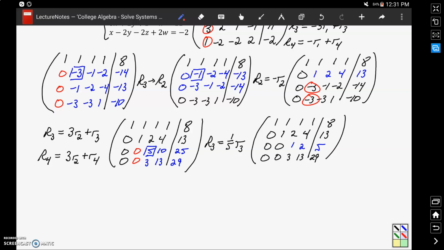And our next step will be to zero out the 3 in row 4.